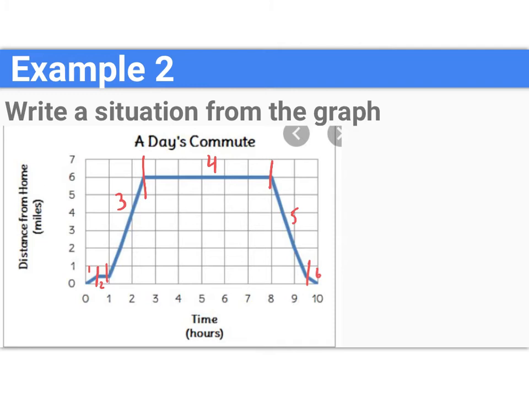So what is going on? An object in section 1 is changing its distance for half an hour. So it has some speed. In section 2, it did not change its distance, so it is still. In section 3, it changed its distance over time, so it has some speed in section 3.